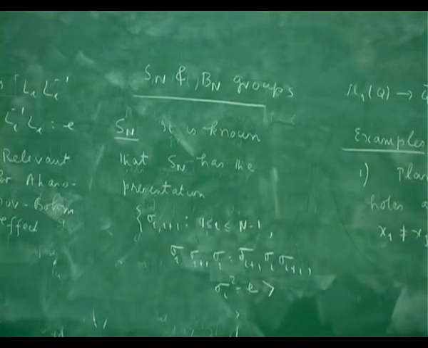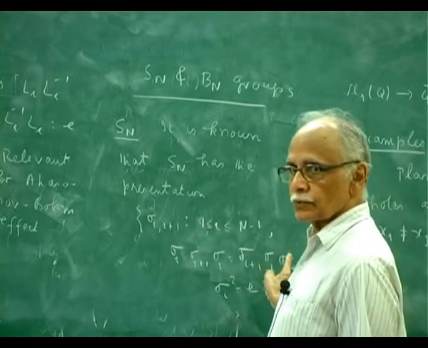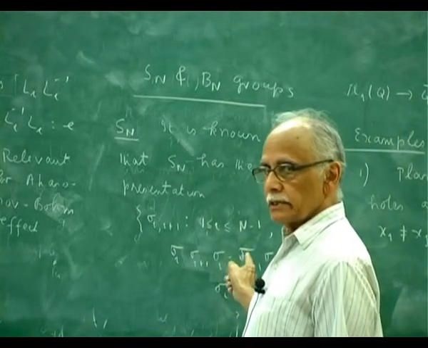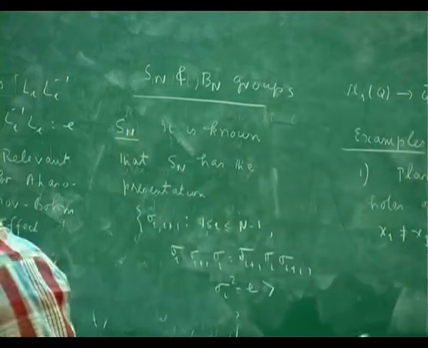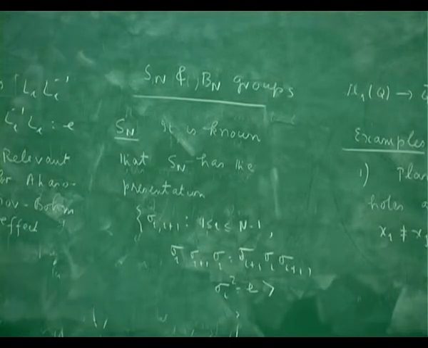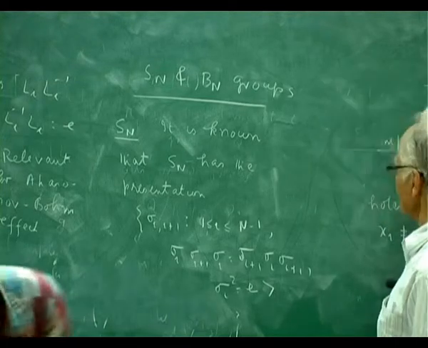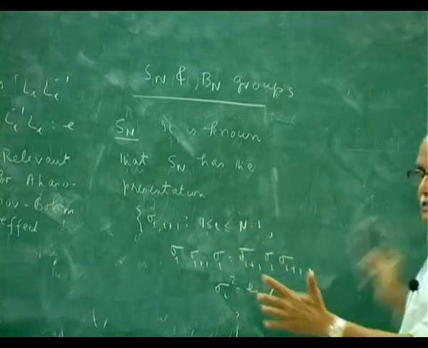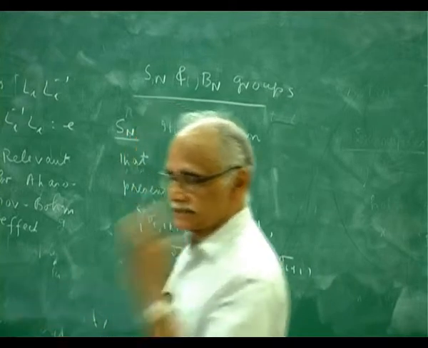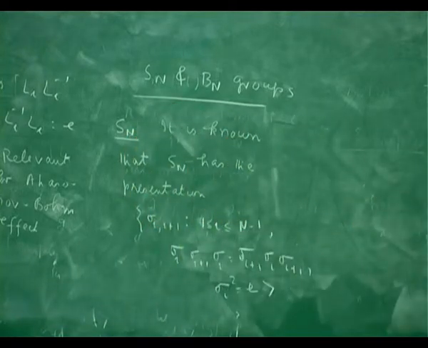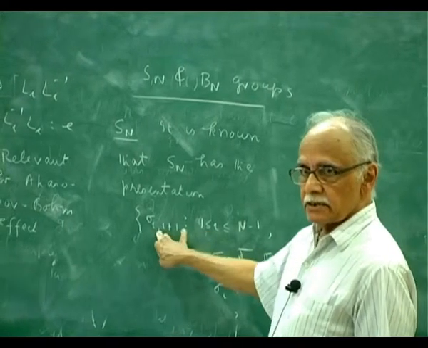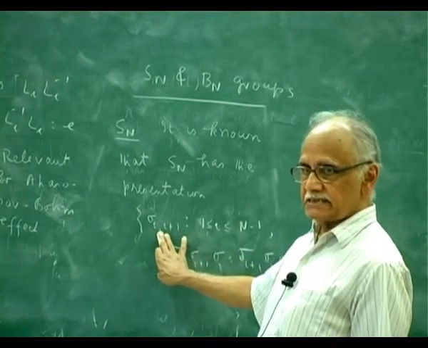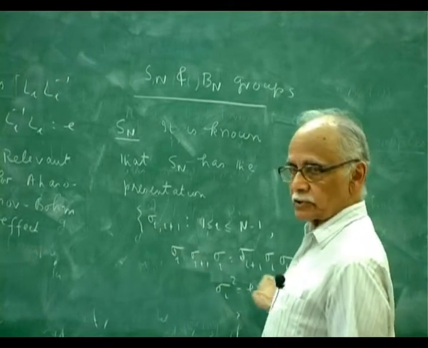This relation is a braiding relation. It comes constantly when you work with vertex operators in conformal field theories. Okay. This is known to be a presentation of Sn. Presentation means you write all letters in this. Think of this as transpositions of adjacent objects. I will show you how this comes about.